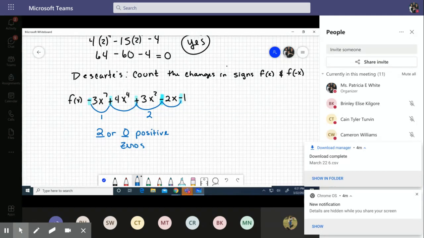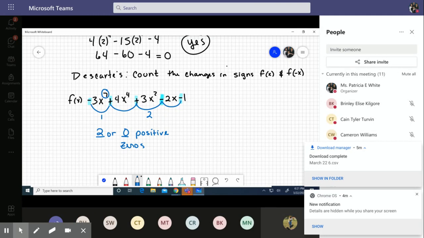You're always going to skip over 1. For this polynomial, I have a maximum of 7 zeros. That means it's going to cross that x-axis or touch that x-axis a maximum of 7 times. 2 or none of those zeros are going to be positive numbers.